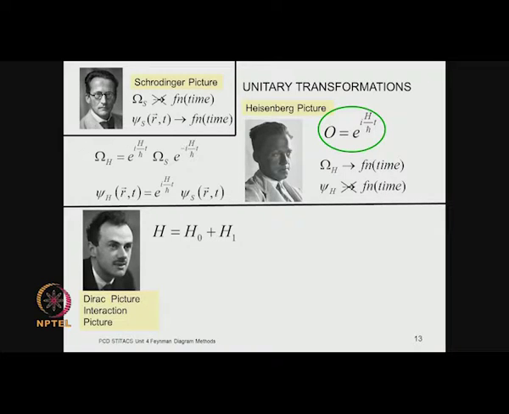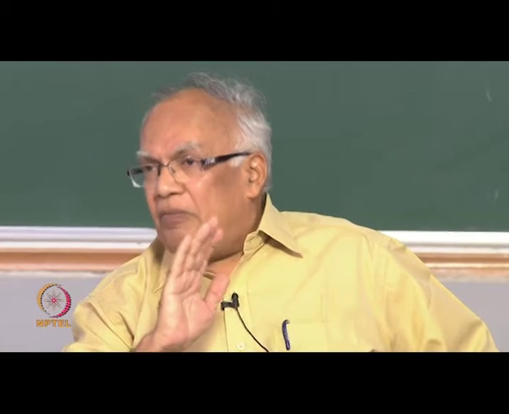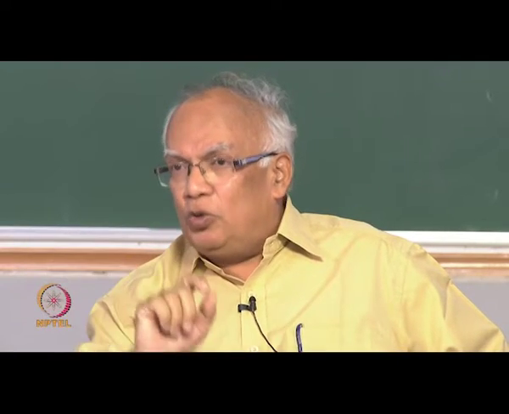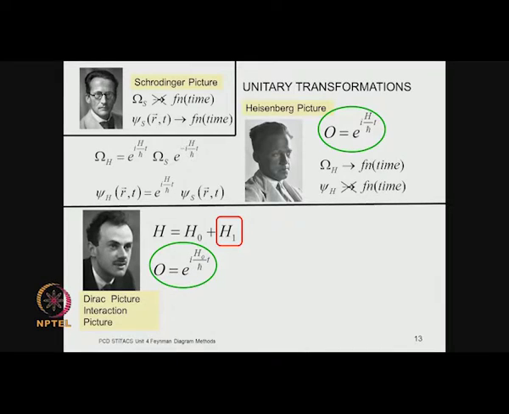For these problems which you cannot solve using perturbative methods, the interaction picture provides you with very powerful tools to solve the problem. So, how do you do that? You again carry out generalized rotations in the Hilbert space, but this time the transformation operator is e to the i H over h cross t, but mind you this is the H 0, which is the soluble part of the Hamiltonian.